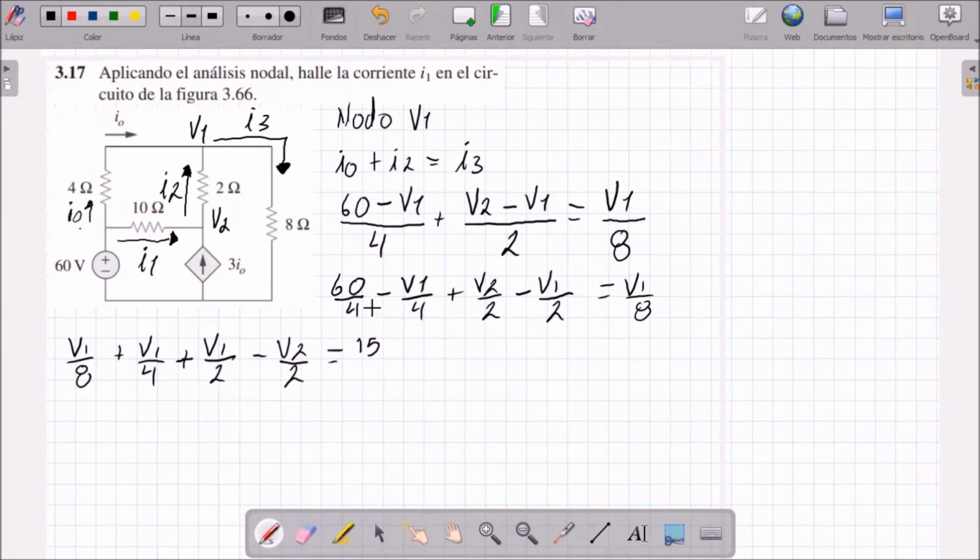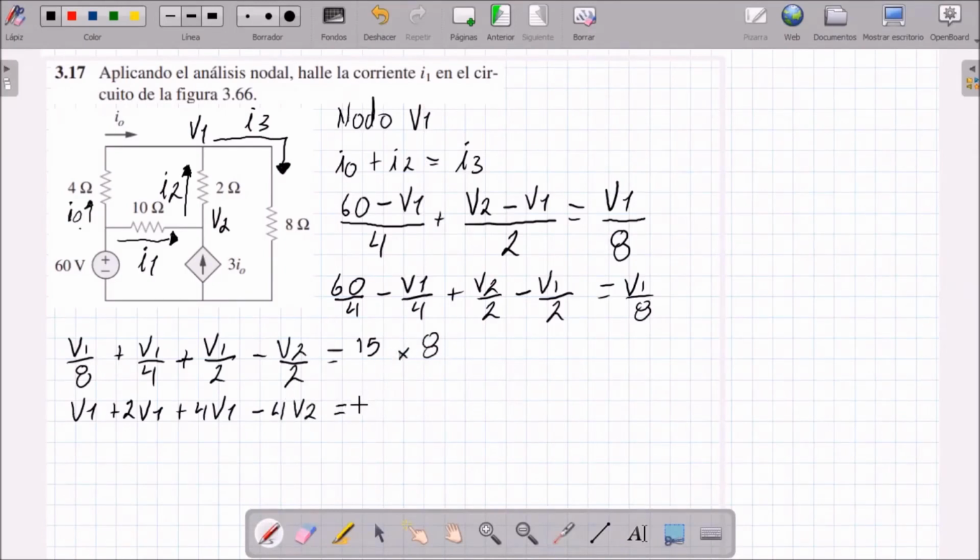Well, now to finish, we can simply multiply this whole expression by 8, very typical, on both sides of the equality, obviously. On the other hand, I am going to obtain B1 plus 2B1 plus 4B1 minus 4B2 equal to 15 times 8, which would be 120.